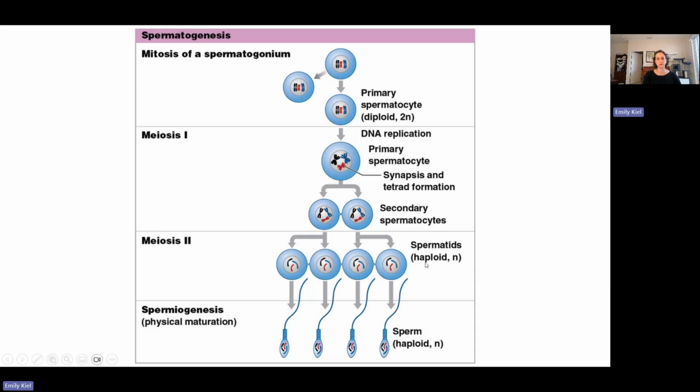And then from these spermatids, we're going to go into sperm, and that's spermiogenesis, the physical maturation. They're just not ready to go out when they're spermatids. They need a little bit of maturing time. So there are 4 phases here. These take about 64 days, but remember they're not happening in big waves. There's just always a constant number of cells that are going through the process and maturing along the way.